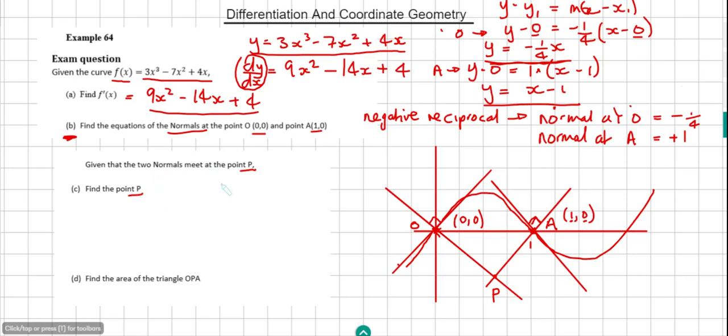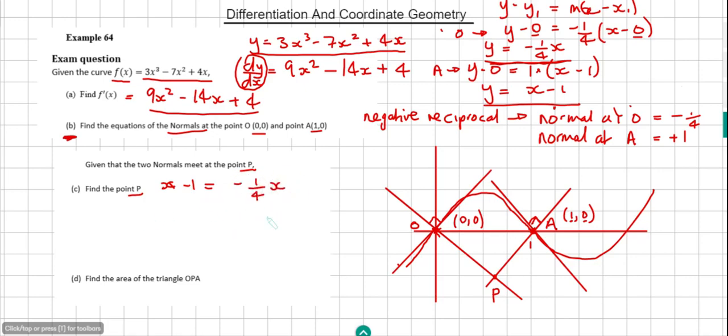Next we've got to find point P. Point P is where these two normals meet, and we do that just by equating the two equations together. So we equate y equals minus a quarter x to y equals x minus 1. At point P, we know that x minus 1 is equal to minus a quarter x.